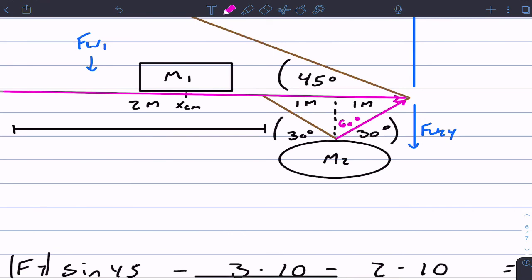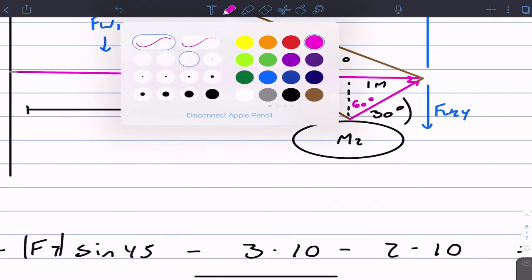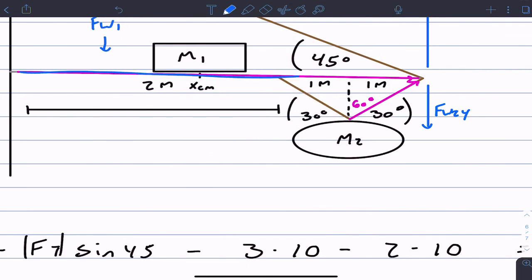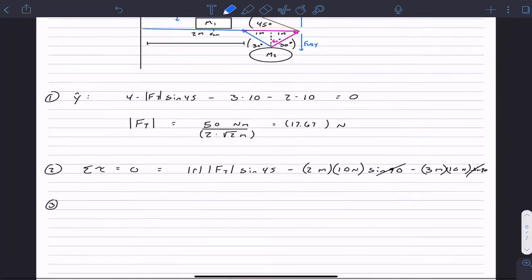So that's another way. And then you would do the same thing for the other force. So you'd go all the way here, and this would be your position vector here, force here. You could just consider this angle. You could take the sine of this angle. That should give you the same answer.